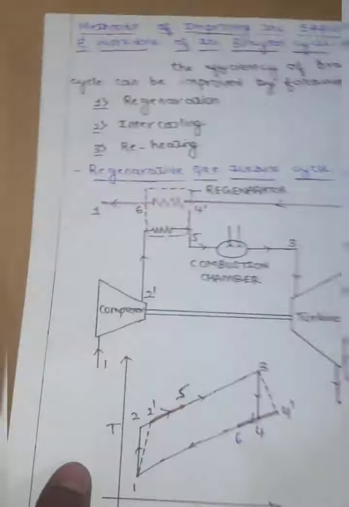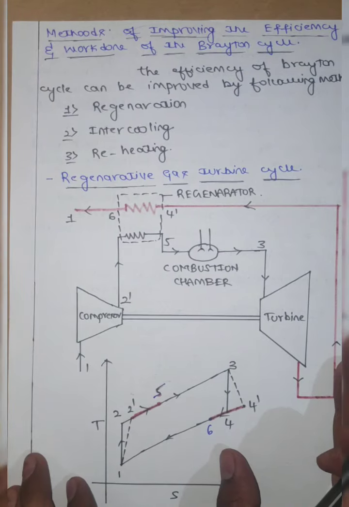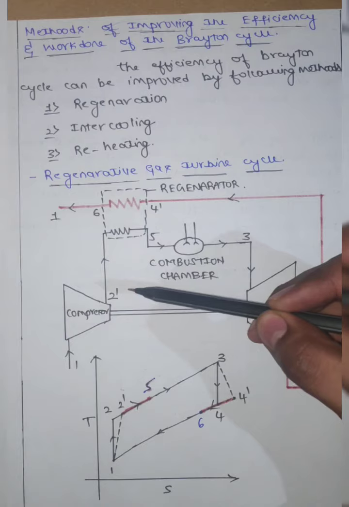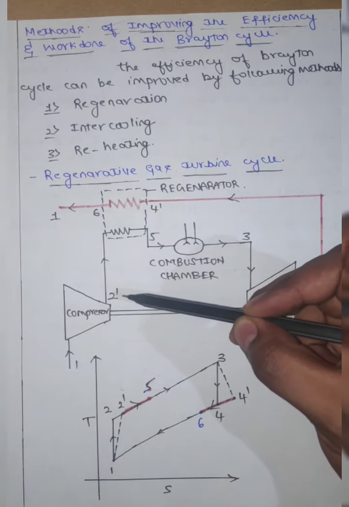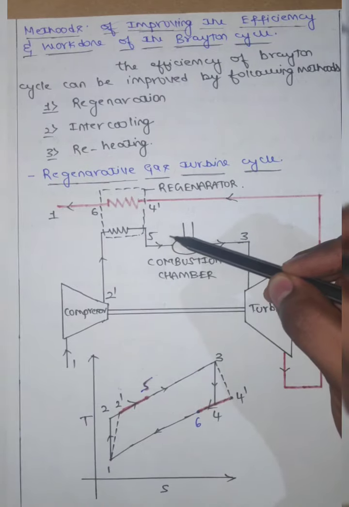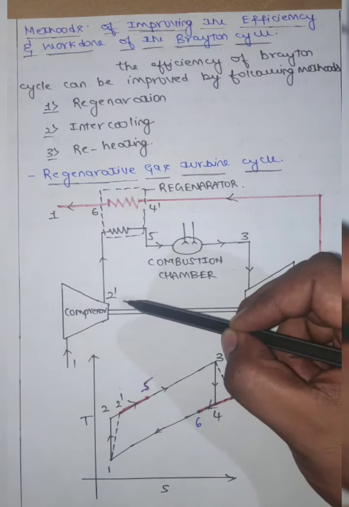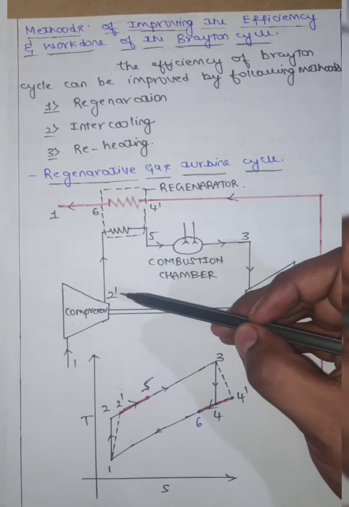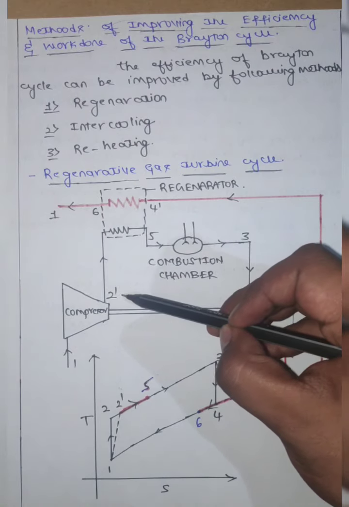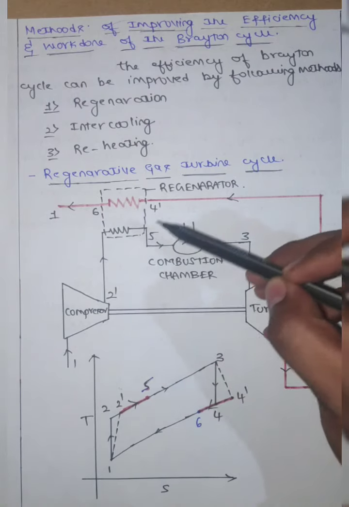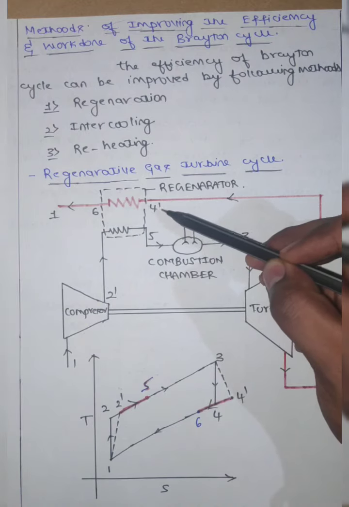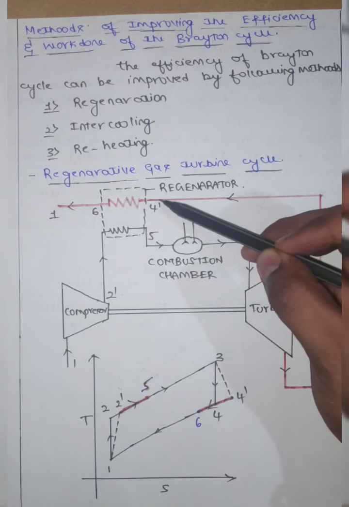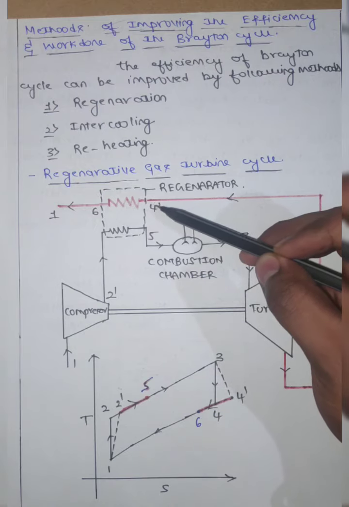See, listen here. What is the actual heat transfer happening? The temperature is getting increased from T2 dash to T5. So actual is T5 minus T2 dash. Now, what is the maximum possible heat transfer? The temperature at T2 dash can increase maximum until this particular temperature, which is here, T4 dash. Beyond that, it cannot increase.